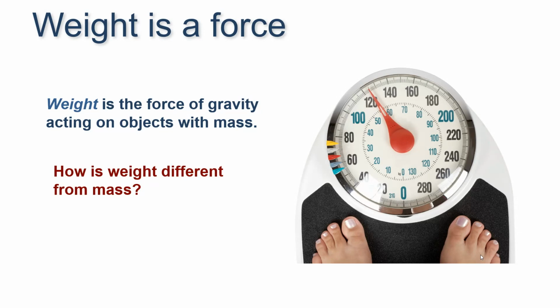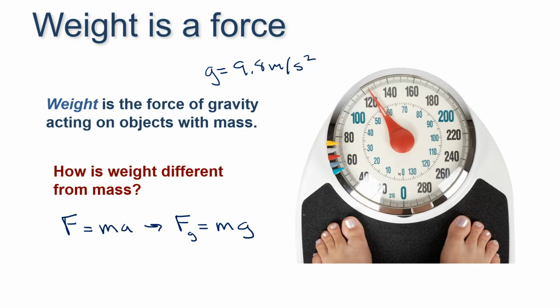So remember, and write this down, we said that the force is due to the mass of the object times the acceleration. But when we say the force due to gravity is the mass of the object times g, that's the g where we say g is equal to 9.8 meters per second squared.